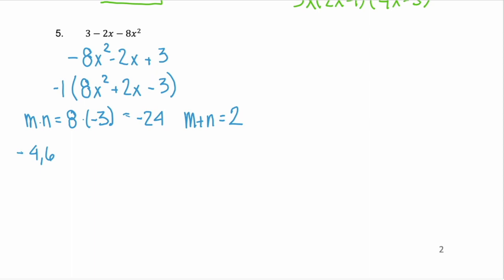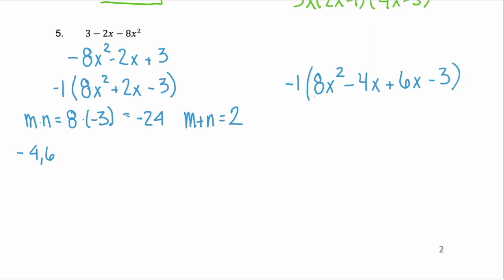What if we have a negative 4 and a positive 6? That multiplies to negative 24, and it adds to 2. So let's rewrite our trinomial. We have our GCF of negative 1. We have 8x squared minus 4x plus 6x minus 3.